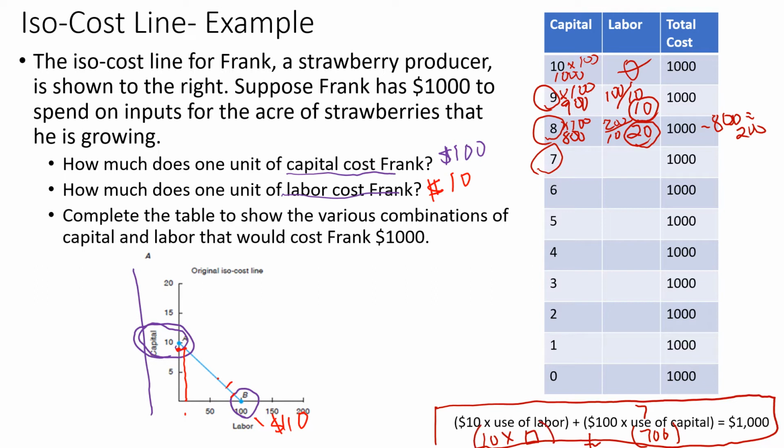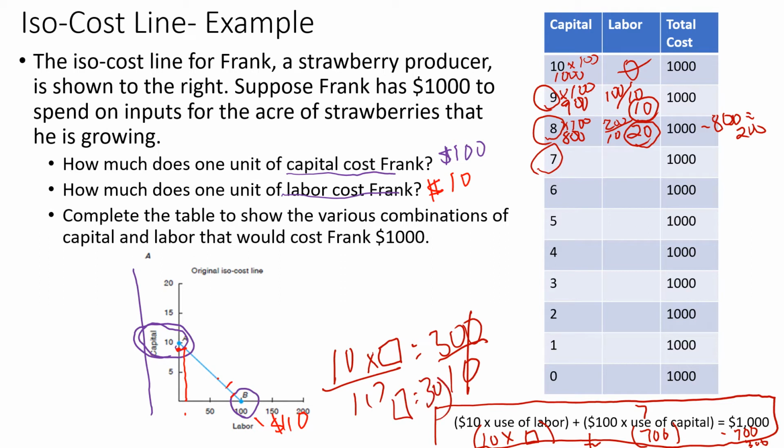We don't know what that is. So we can subtract 700 from this side, and that's going to give us 300 that we're left with. So now our equation looks like 10 times something equals 300, divided by 10, divided by 10. We're left with X equals 30. So that's going to give us 30 for that box.